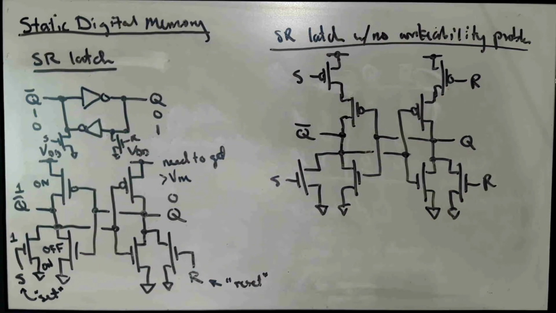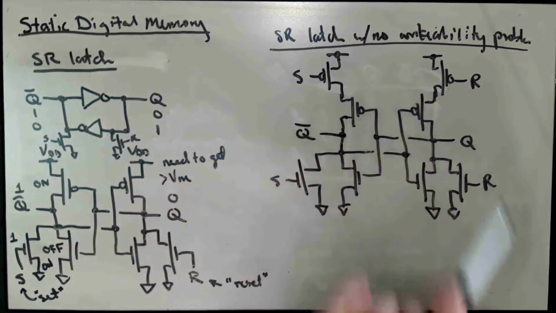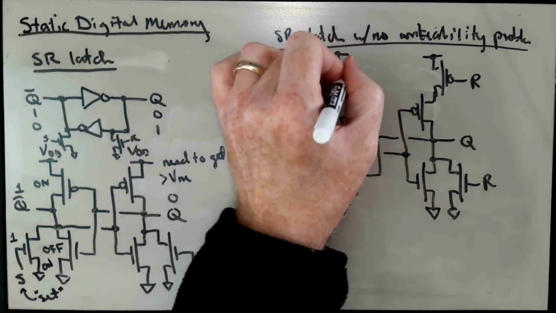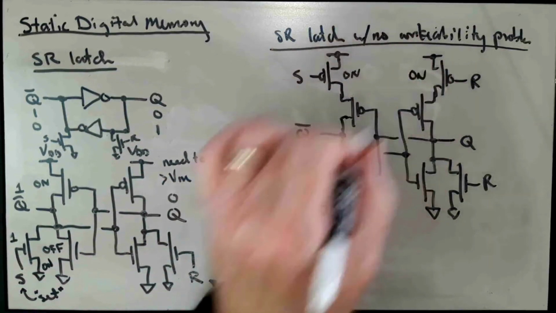And so normally, let's say when S and R are both low, these are on and these are off.